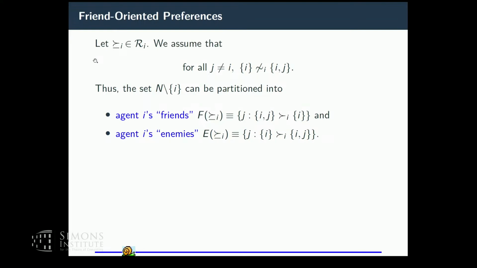So the friends are the ones where I prefer being with this person. So maybe, Attila, I would prefer to be with him than sitting alone and think about stuff. So then Attila is a friend. And vice versa, if I prefer to be alone instead of being with somebody, then that person is an enemy.